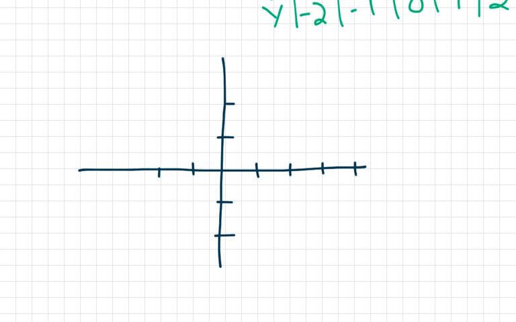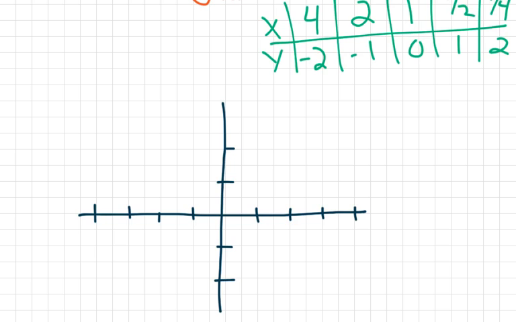Not a great XY plane, but it'll work for what we need it to. So let's just go ahead and plot these points. 4, -2 is way down here. 2, -1 is right here. 1, 0 is here on the x-axis. 1/2, 1 is right there. And 1/4, 2 is going to be right there.